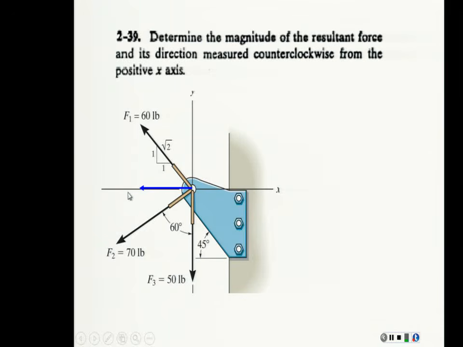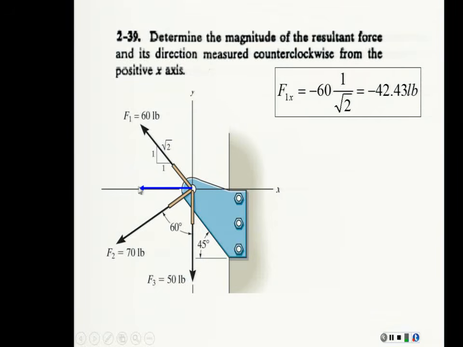So basically, if I want to find this, if I want to use this triangle, I can make a ratio, and I can say it's 1 divided by the square root of 2 multiplied by 60. And it's going to the left, that's why you have this negative sign here. Or you can say, okay, this angle is 45, so it's going to be negative 60 multiplied by cosine 45.